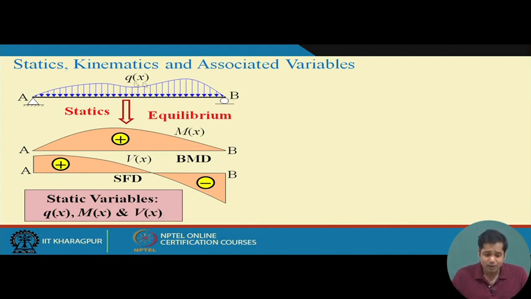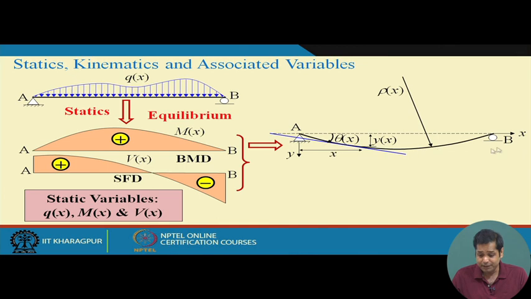Now this is not the only thing we want. What we want in addition to internal forces is the deflection of the beam. Suppose this beam deflects like this. In addition to the internal forces, we want the deflected shape: how the deflection changes with x, and how the slope changes with x.